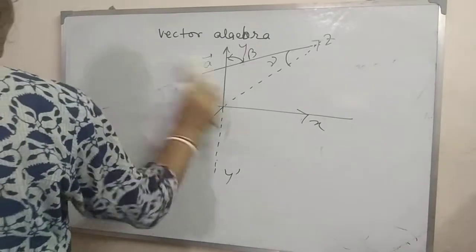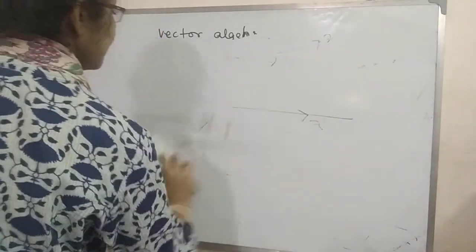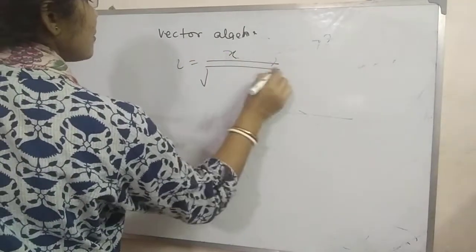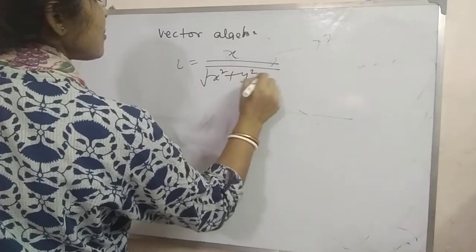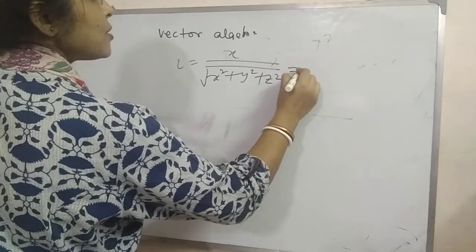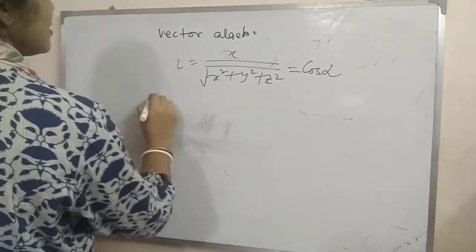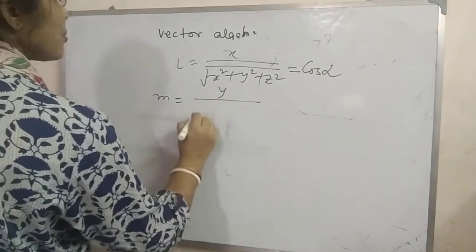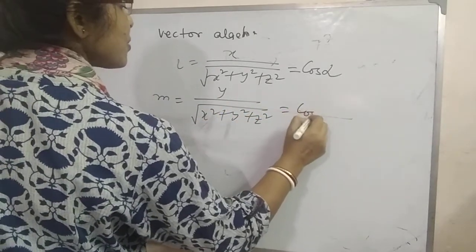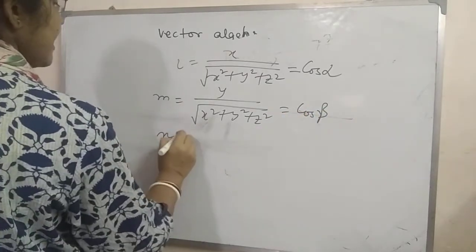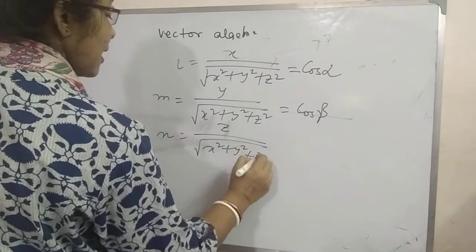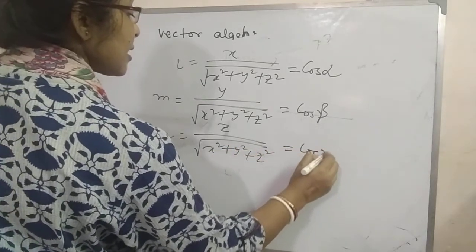Then I can write L equals x by root over x square plus y square plus z square. This is the scalar component along the x-axis, and it equals cos alpha. M equals y by root over x square plus y square plus z square, equal to cos beta, and N equals z by root over x square plus y square plus z square, equal to cos gamma.